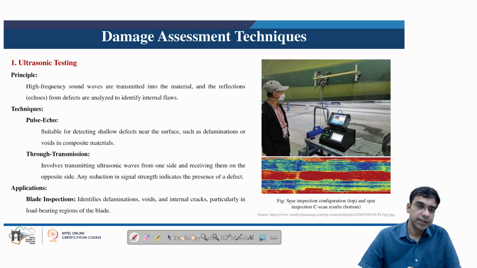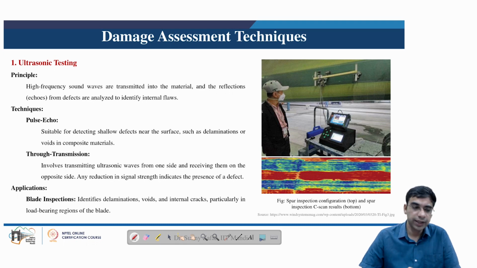Ultrasonic testing is based on the principle of high frequency sound waves that are transmitted into the material, and the reflection or echoes from the defects can be analyzed to identify internal flaws in the structure. The different techniques in ultrasonic testing include pulse echo and through transmission.